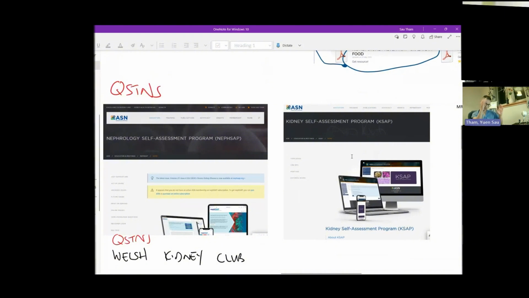KSAP has a database of, they call them issues, and each issue had like 50 to 60 questions. In order to access that, you have to sign up for a membership with ESN. And I think if you sign up with your work email, you get it for free.